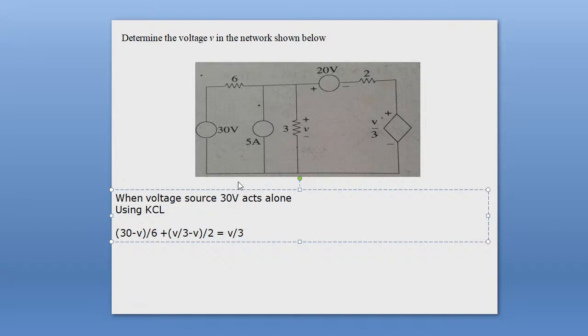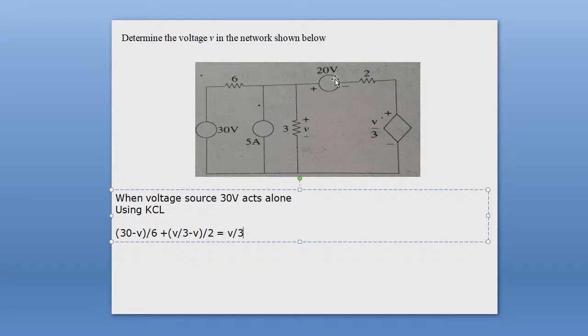First you consider the 30 volt voltage source, and you write the expression of current by applying KCL. The current entering this terminal point for the 30 volt source is 30 minus V by 6, and for the dependent source is V by 3 minus V divided by 2.